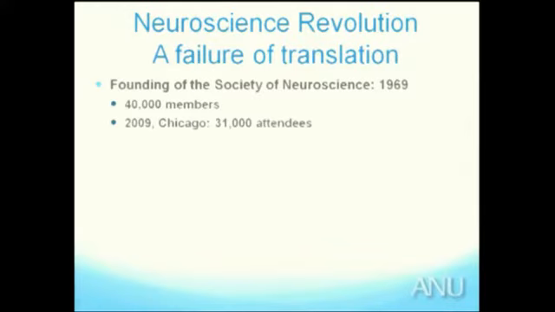And it does indeed appear to be the case, particularly in one of the diseases that I'm most focused on, which is depression. We have witnessed in the last 50 years, maybe 60 years, a very dramatic revolution in neuroscience, which is, in a sense, a failure of translation.